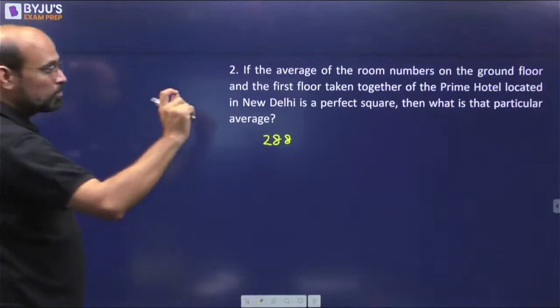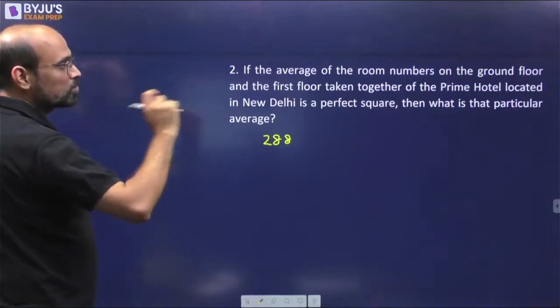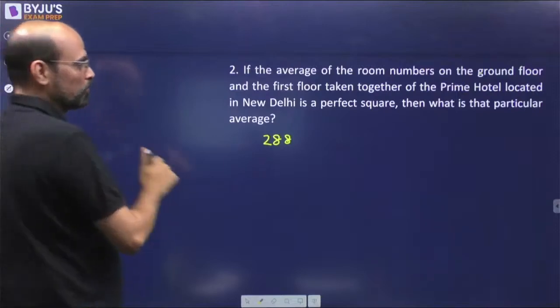They are just talking about room numbers on the ground floor.